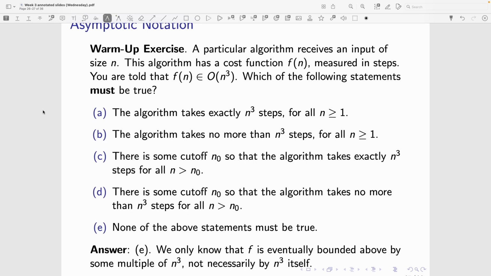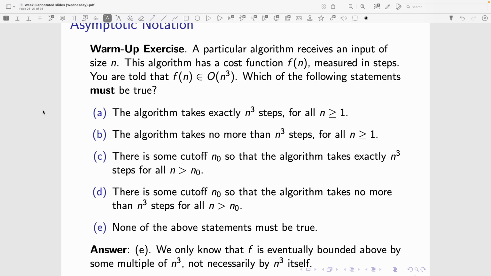C is getting a bit closer to the definition of big O notation, but that word "exactly" means that statement isn't true. There is some cutoff n naught, so that the algorithm takes around n cubed steps for all n greater than n naught.